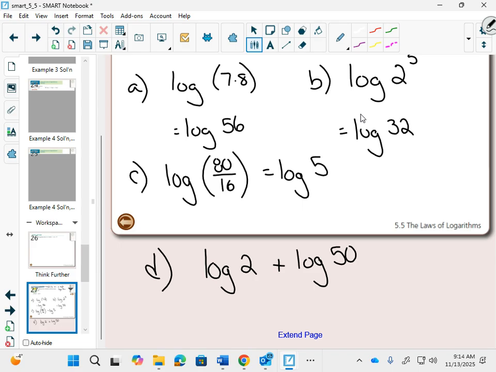Also keep about 7 decimals in your head. Once you've got the 7 decimals for this one, and the 7 decimals for this one, add them up and tell me what you get. No calculator. What'd you get? 2 times 50 is 100. The answer is 2.